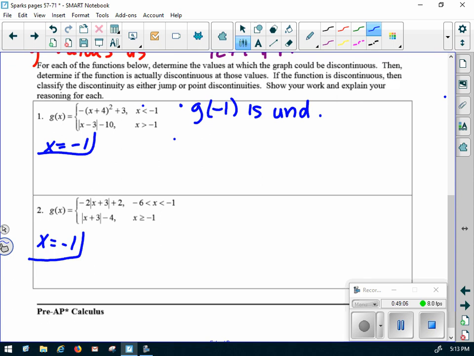As x approaches -1 from the left, I'm going to use the top equation. As x approaches -1 from the left, g of x approaches... Now I'm going to plug in -1 into that thing.